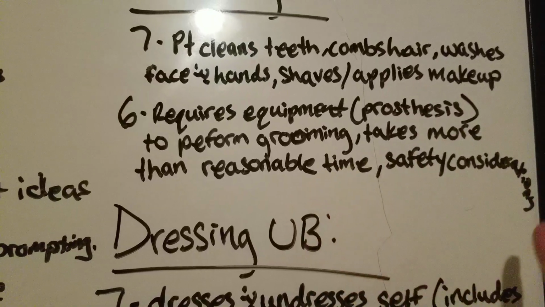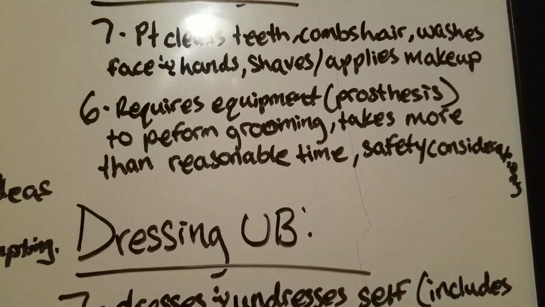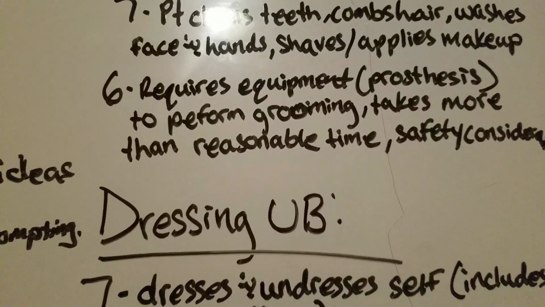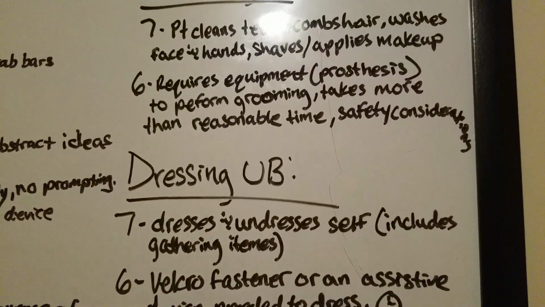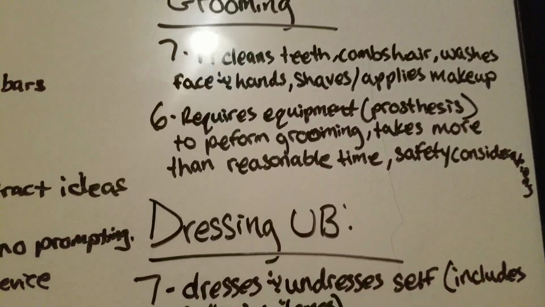So whether this be a prosthesis, any equipment that they need to complete the task, and they also require an increase in time. And there are some safety considerations that are taken into place when an individual is at a 6.